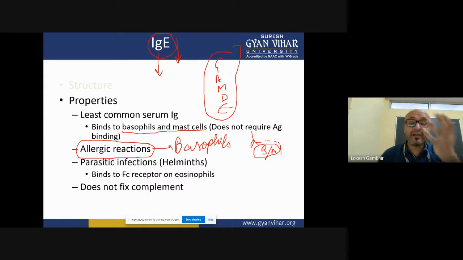Also, apart from allergic reaction, it is a very potent fighter against any kind of helminth parasitic infection. We can talk about any kind of intestinal helminth infection.